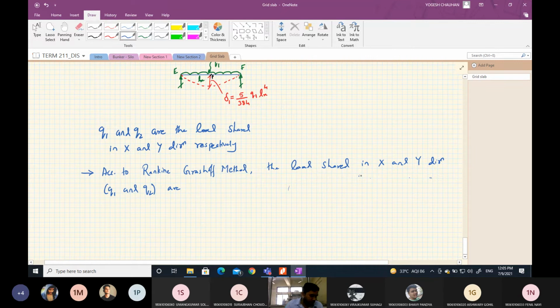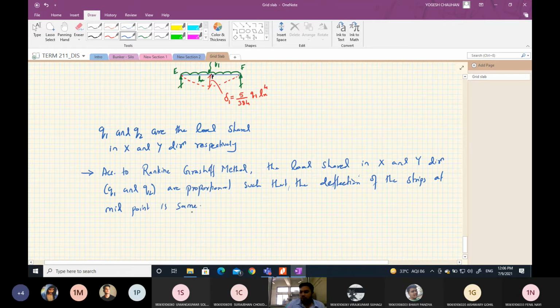The load shared in X and Y direction are proportional such that the deflection of the strips at midpoint is same.